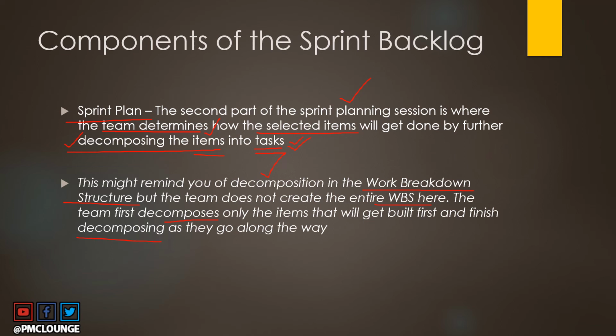So you don't wait till the last item in your sprint backlog is decomposed and then start working. That's not something that is going to happen. You will decompose the first items, the highest priority items, and you will start working on them at the same time, continuing the process of decomposition.